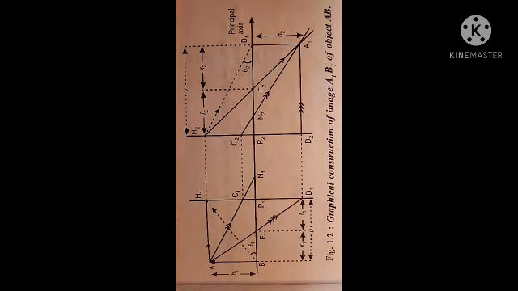This is the first ray. Therefore, this H2 F2 A1 ray passes through the second focal point F2.